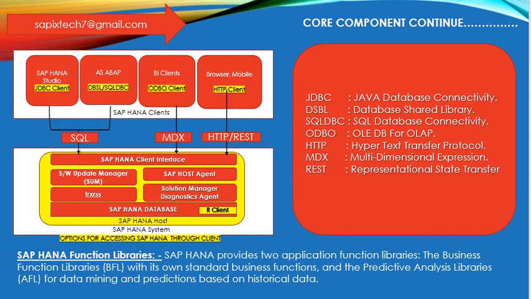Now, the last one was SAP HANA function libraries. HANA function libraries are libraries developed on C++, and they are used for standard business functions and predictive analysis.